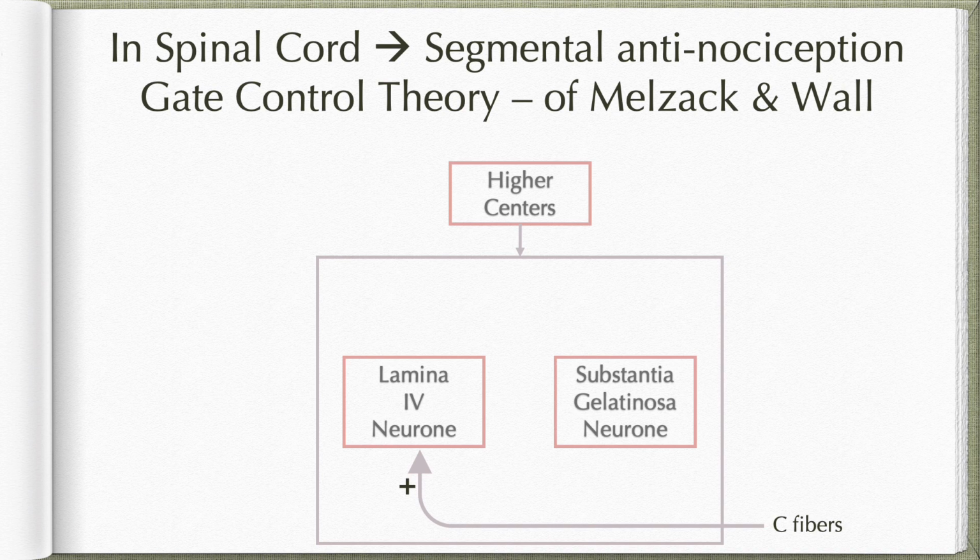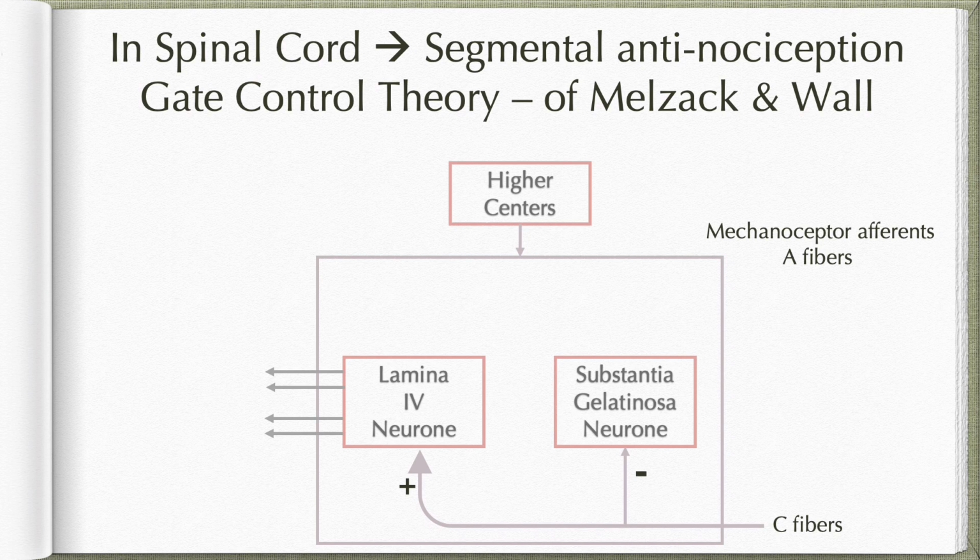This allows the pain transmission in the spinothalamic tract. The inhibitory interneurons, which are located in the substantia gelatinosa, can generally inhibit transmission from lamina 4 by presynaptic inhibition. But these C fibers also send collaterals to substantia gelatinosa that inhibit these inhibitory neurons. So the routine presynaptic inhibition done by the substantia gelatinosa neurons is disinhibited, resulting in bombardment of pain signals from the lamina 4 neurons.